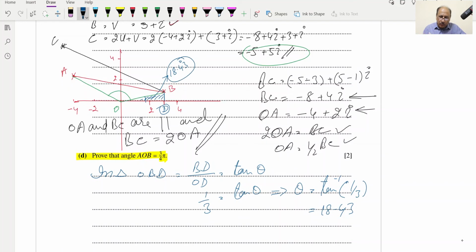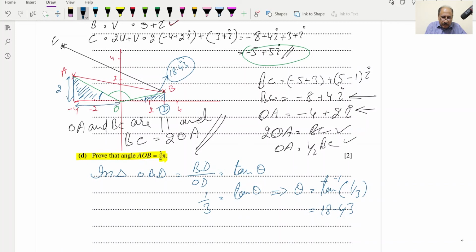Hopefully you understood this. Now we will consider the other side also, with this point, and we can consider this triangle and find this angle. The base is 4 and the height is 2.